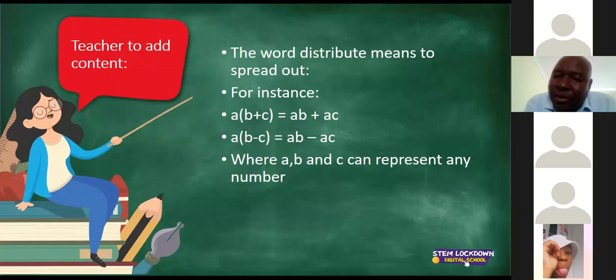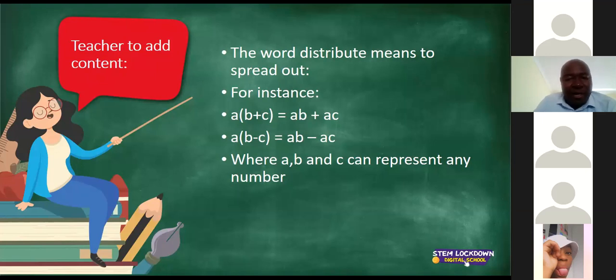And before we can get into the examples, I spoke about the different symbols of algebraic expressions that you can use. The first one being A into B plus C is equal to, then you break the bracket. How do you break the bracket? You multiply A by every variable that is inside the bracket. So the first one is that you've got A into B plus C and close bracket.